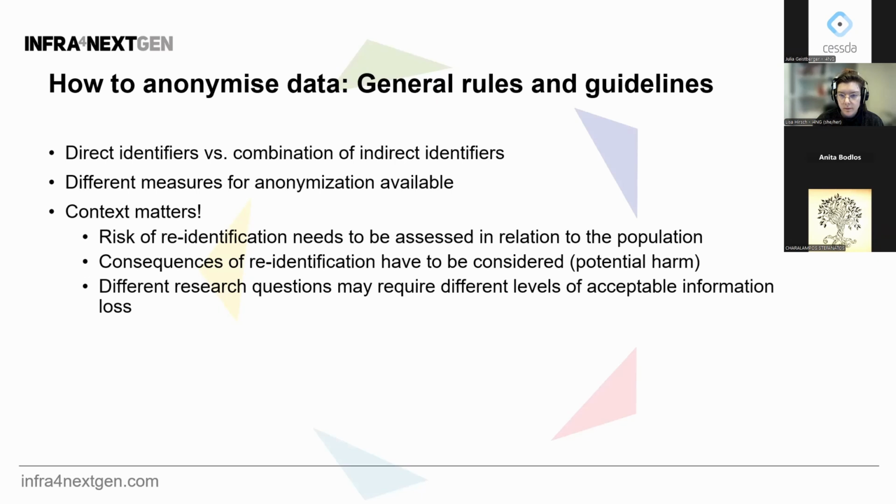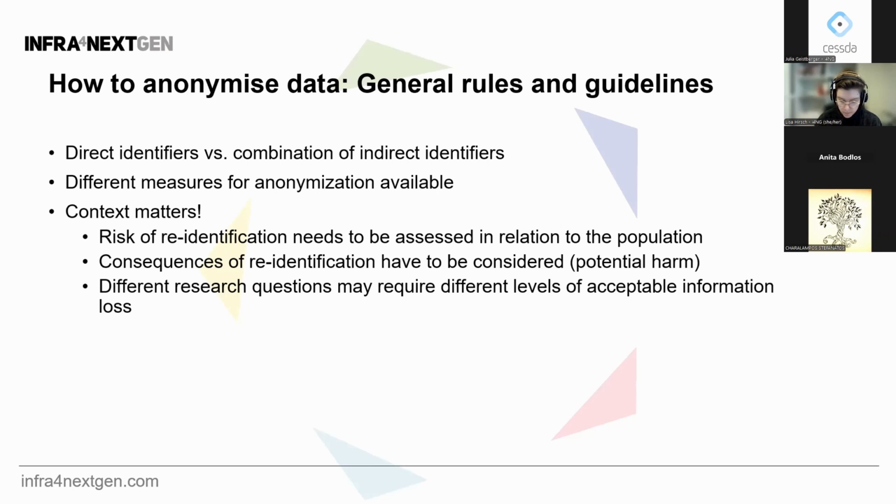In general, unfortunately, there is no recipe or no one-fits-all solution. So context always matters, and the precise framework of your project matters. So risk of re-identification needs to be assessed in relation to the population, and the consequences of re-identification have to be considered. This is the potential harm.